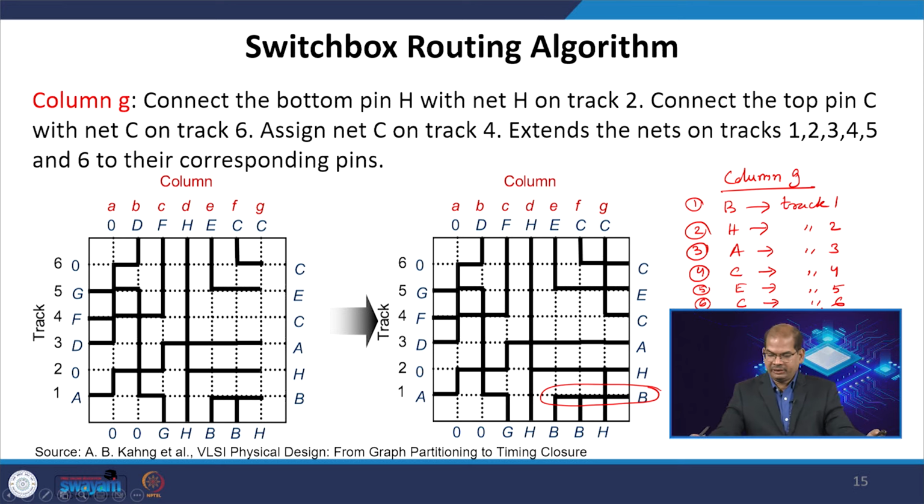So, this is the assignment we do in column G. After this, your routing is done without any kind of conflict.